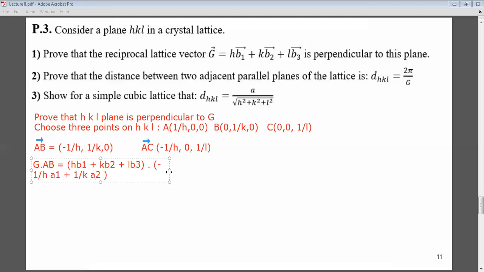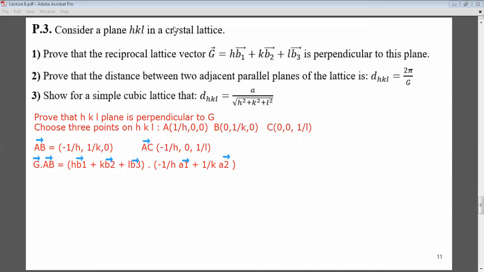That's it. Okay, now let's do the dot product carefully. Here we have vectors b1, b2, b3, a1, a2. Now I have hb1 dot minus 1/h a1.